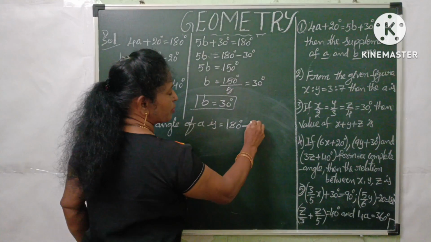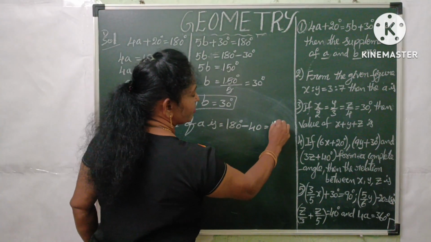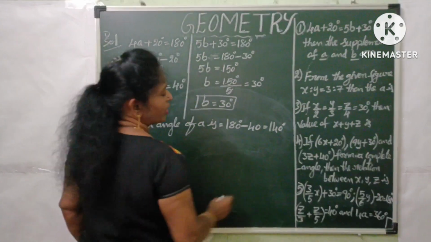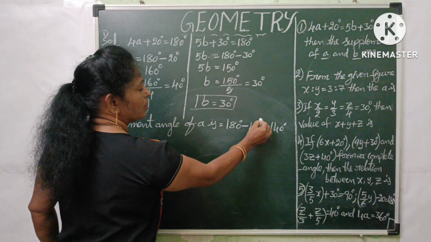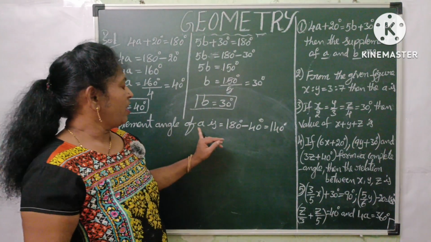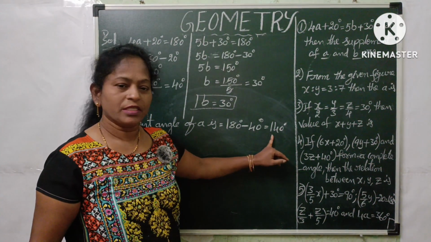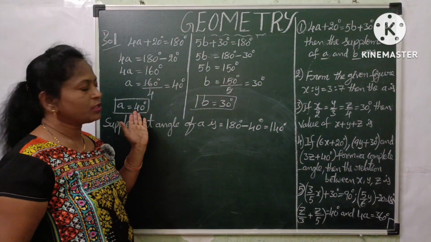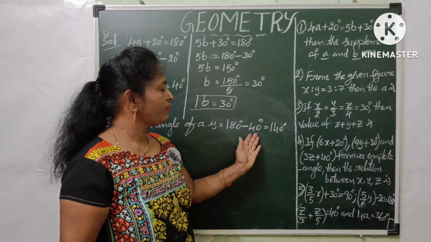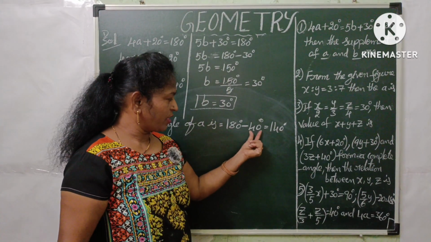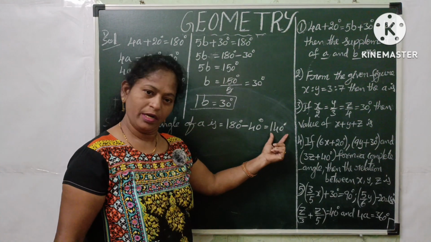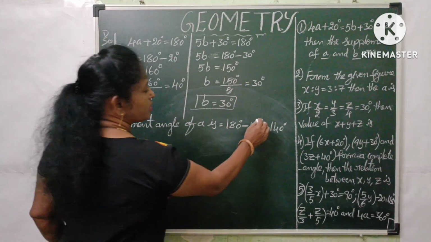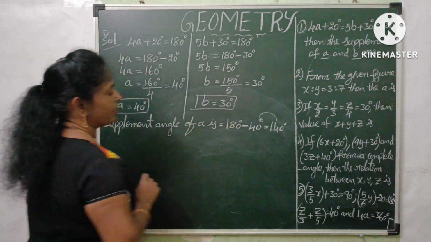So we need to subtract the 40 degrees, then it is 140. Okay, so A supplement angle is 140 degrees. Actually A is 40 degrees. So the supplement of 40 degrees is 140 degrees. And this sum also equal to 180 degrees.